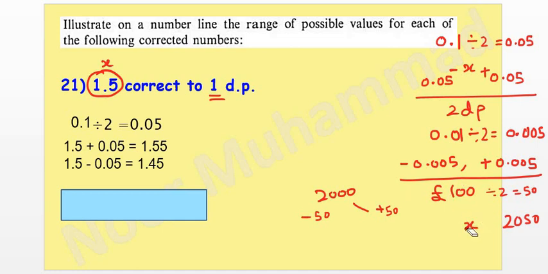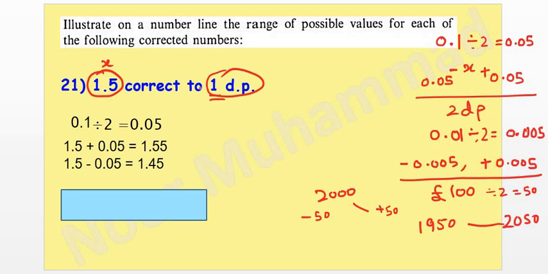This part I will explain later. So mainly you have to look at this part of the question and then divide it by 2.